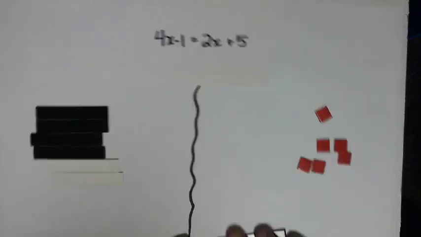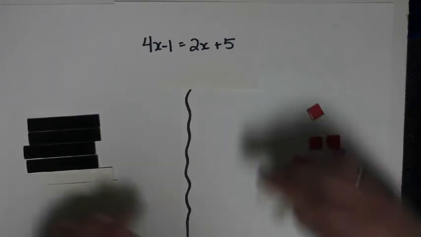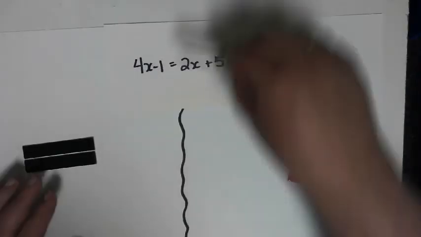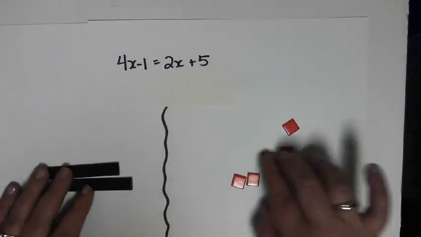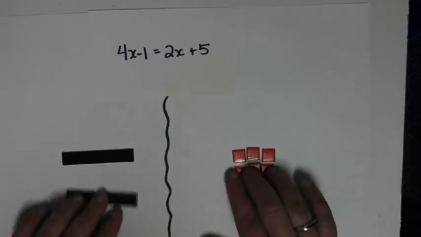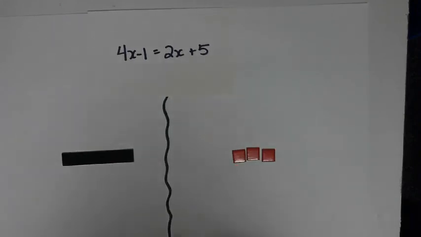That'll clear them out here and also take away those there as well. Now I'm left with 2x plus 6. I now have 2 equal groups, so I'll divide. x is equal to 3. Good luck.